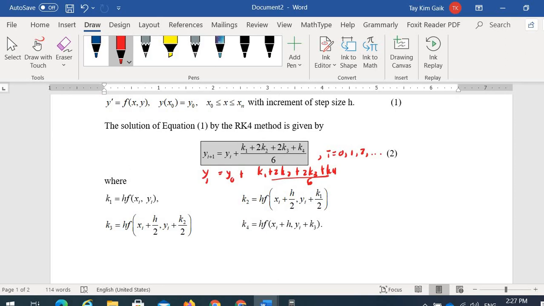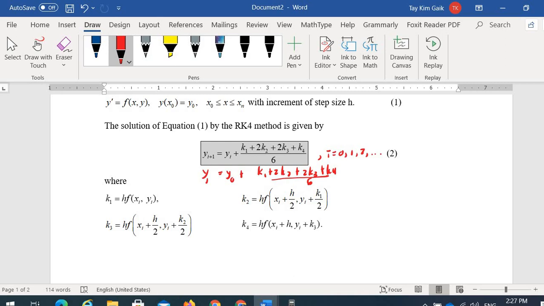Here k1 is h, the step size, multiplied by f(xi, yi), given by the right hand side function at step i. When i is 0, k1 depends on x naught, y naught, so given x naught and y naught you can calculate k1.